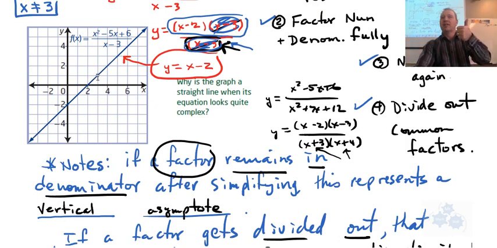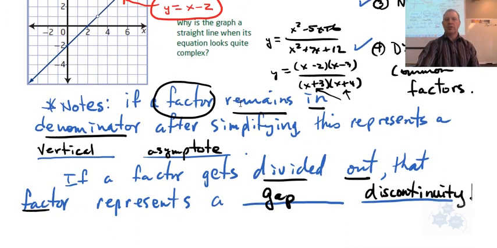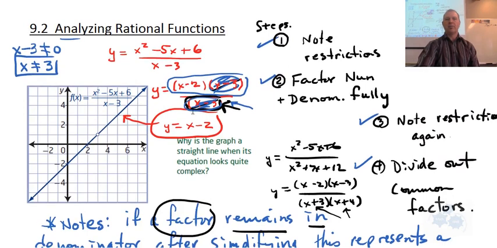It's not discontinuous because there's a jump like this, where the line is horizontal and then all of a sudden jumps up here. Or it's not discontinuous because there's an asymptote. It's discontinuous because there's just a tiny little gap. A gap discontinuity. Okay?